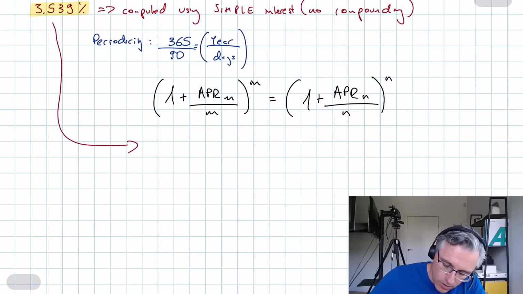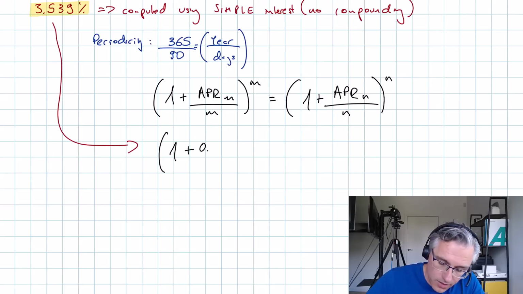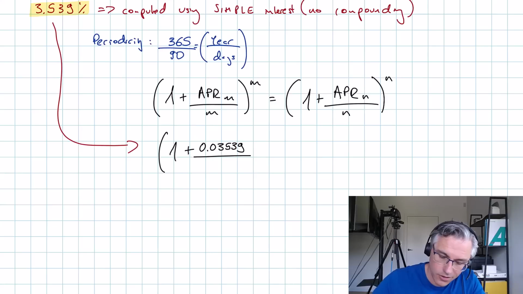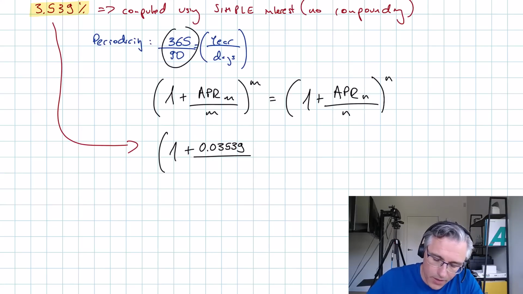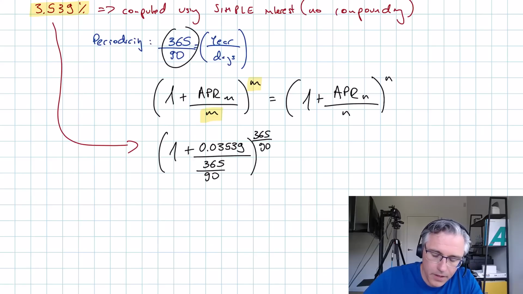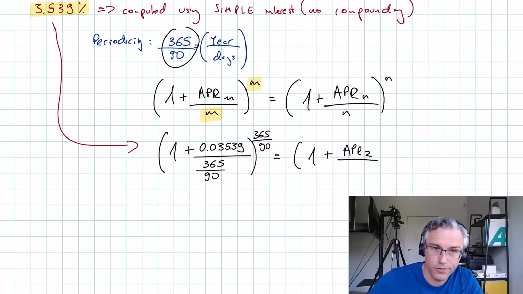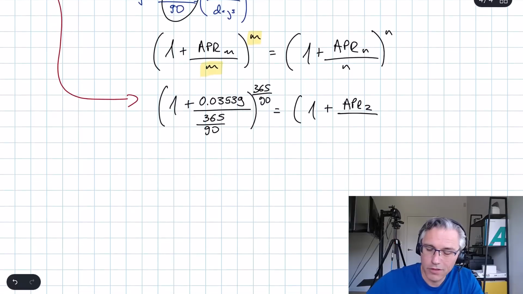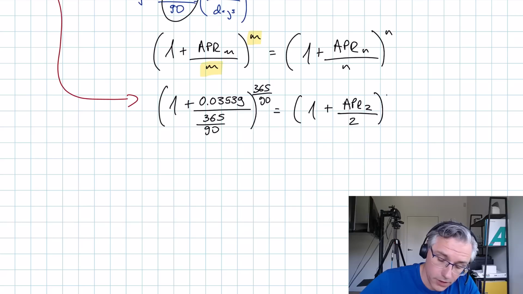Say, why don't we take this 1 plus and stick as the APR 0.03539 over here, divide that by the periodicity of this computation, which is unfortunately this rather cumbersome number, 365 divided by 90, and you also have to raise to the same power, so 365 by 90, and that should allow us to compute an APR with a periodicity of 2, which is the semi-annual bond equivalent yield, divided by 2 to the power of 2.